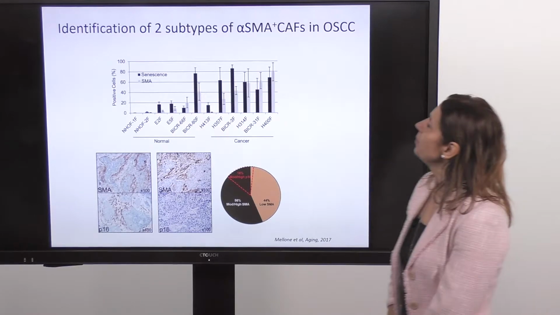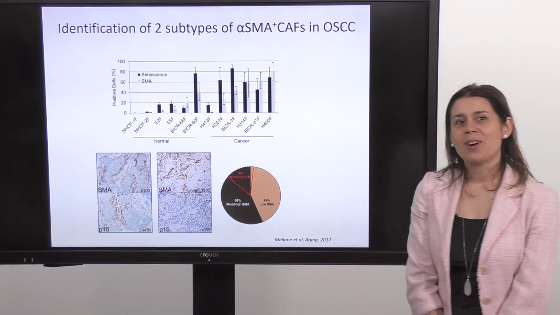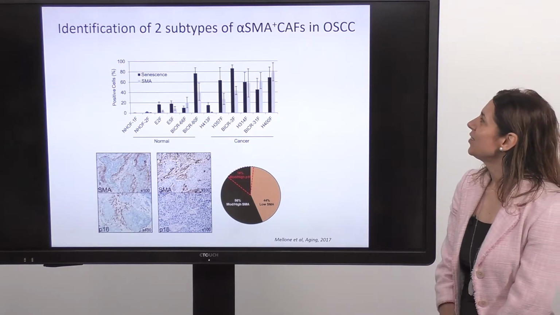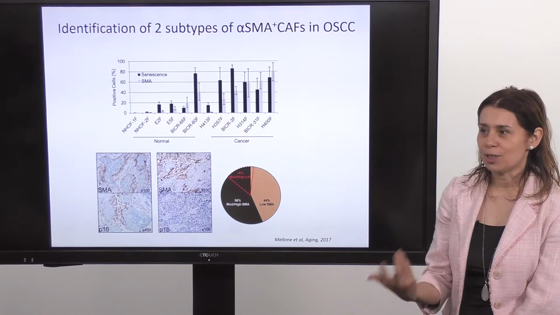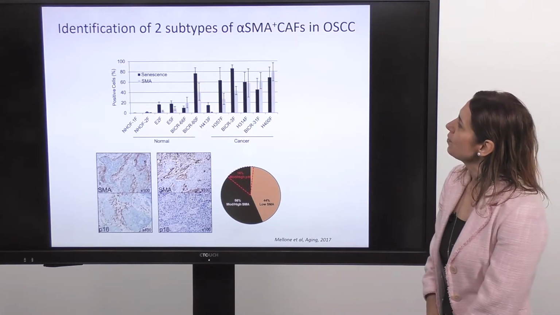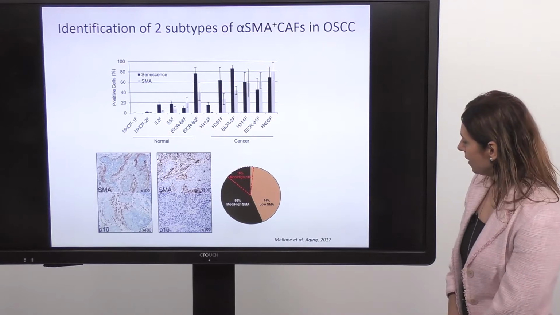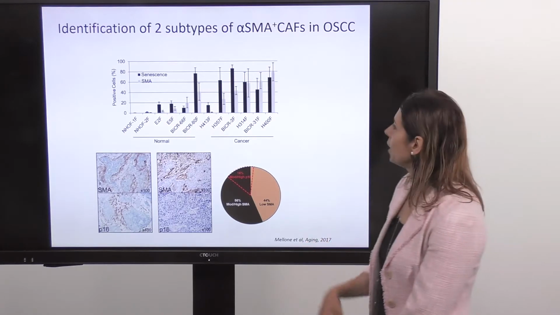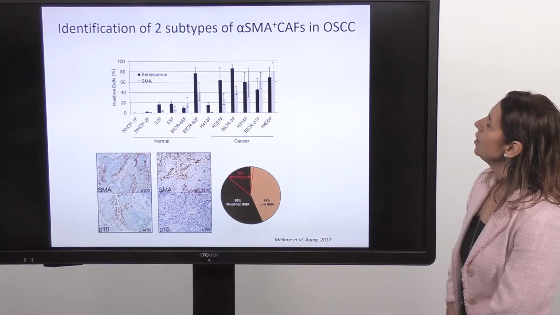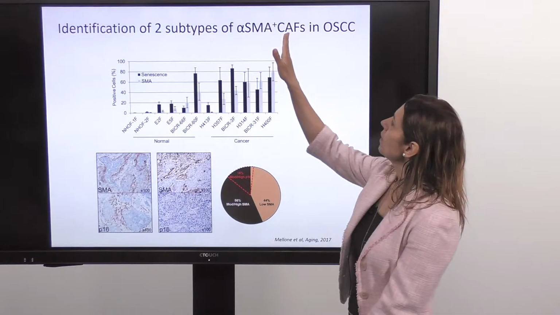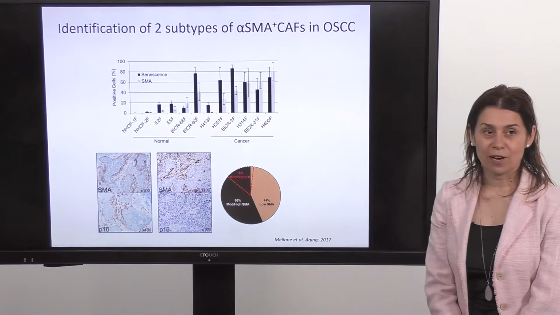Moving further, there is one more layer of complexity in the heterogeneity of cancer-associated fibroblasts, also with some relevance for the tumor-suppressive effects of CAFs. This is the study of Mellone from 2017, from the group of Gareth Thomas, which looked at the alpha-smooth muscle actin positive cancer-associated fibroblasts.